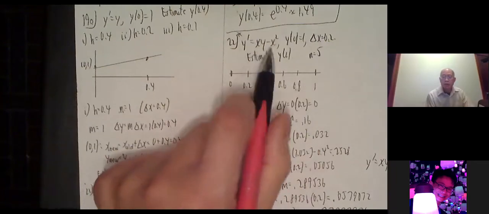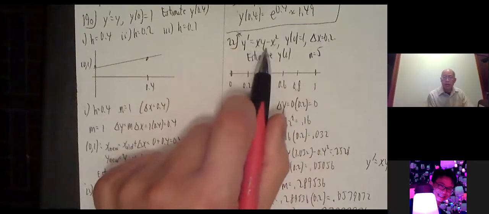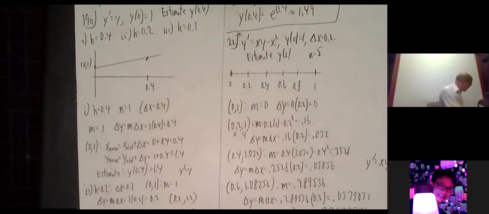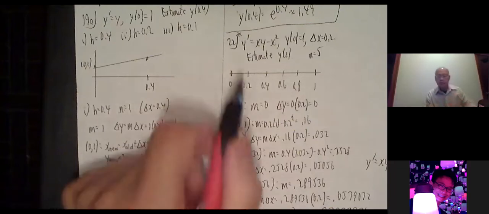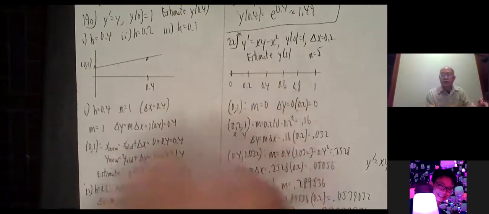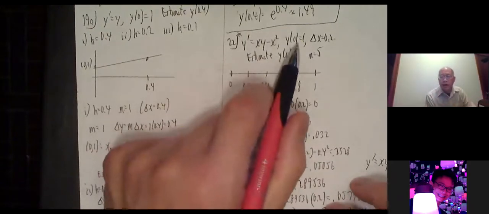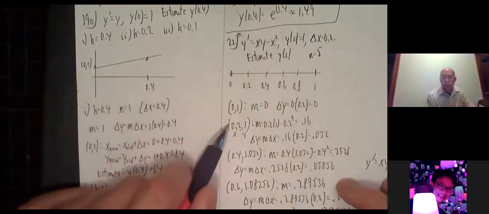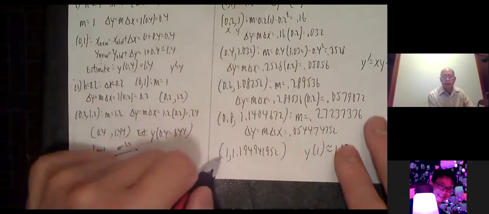Now, this is a much harder differential equation, xy minus x squared. In fact, the one that they made you do in the book is even worse. Yeah, it's real bad. So we'll just do this. Even right now, I know the x values: 0, 0.2, 0.4, 0.6, 0.8, and 1.